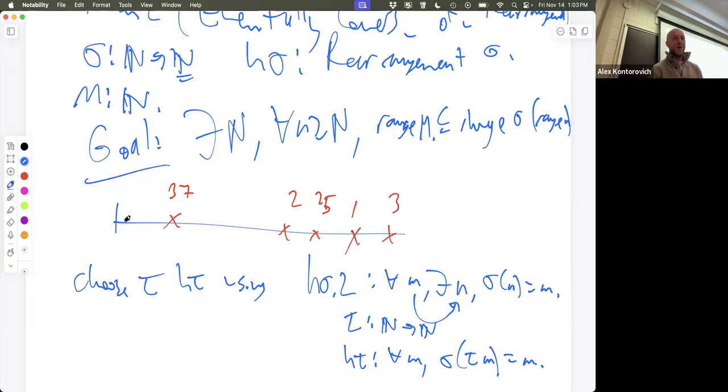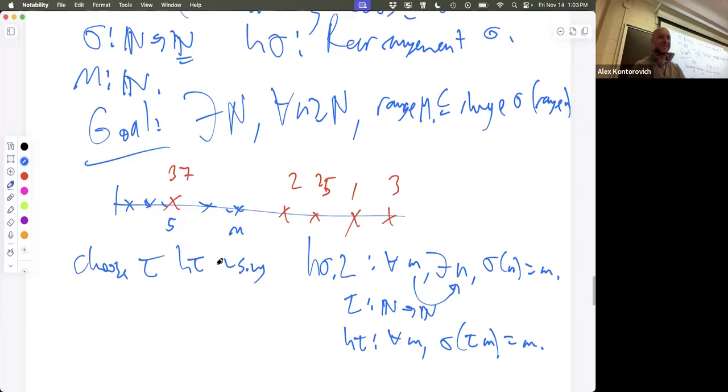Okay, so now I know 37, well, 37 is over here at 5. So tau of 5 is 37. And what do I want? If these are the numbers I'm hoping to cover, if you want to cover the numbers from 1 to m, Sean, you just want the max.